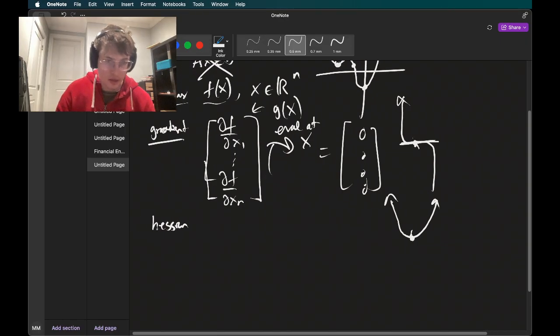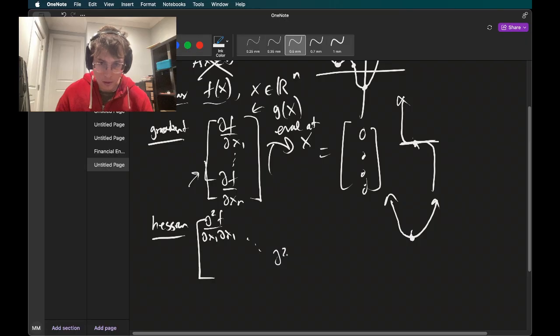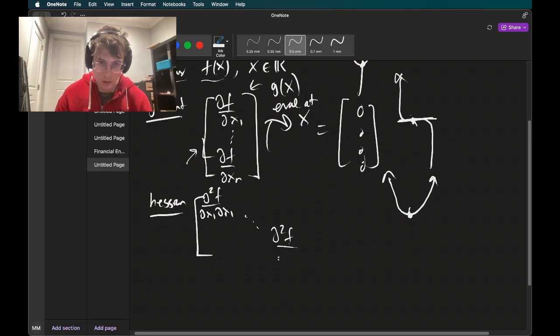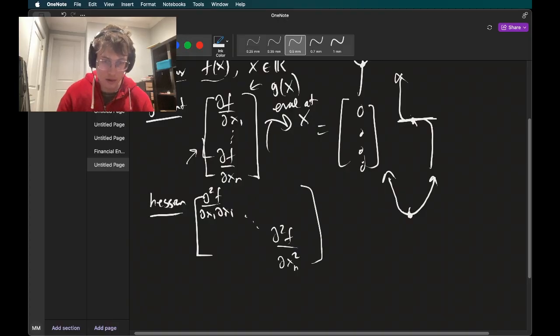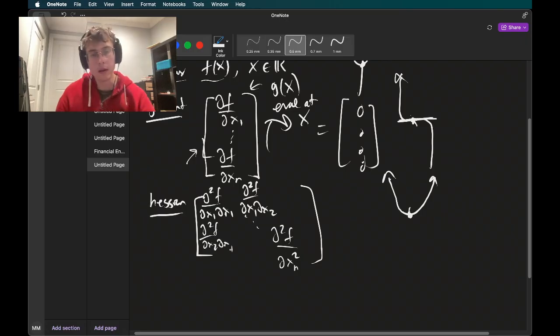So for that, we turn to the Hessian, which is a square matrix of this form. We take all these functions here, and then differentiate them once again with respect to another variable. So this will be d squared f over dx1 dxn, and so on, with d squared f over dxn squared on the diagonal, and the off-diagonal entries are the mixed partials, d squared f dx2 dx1, and so on.